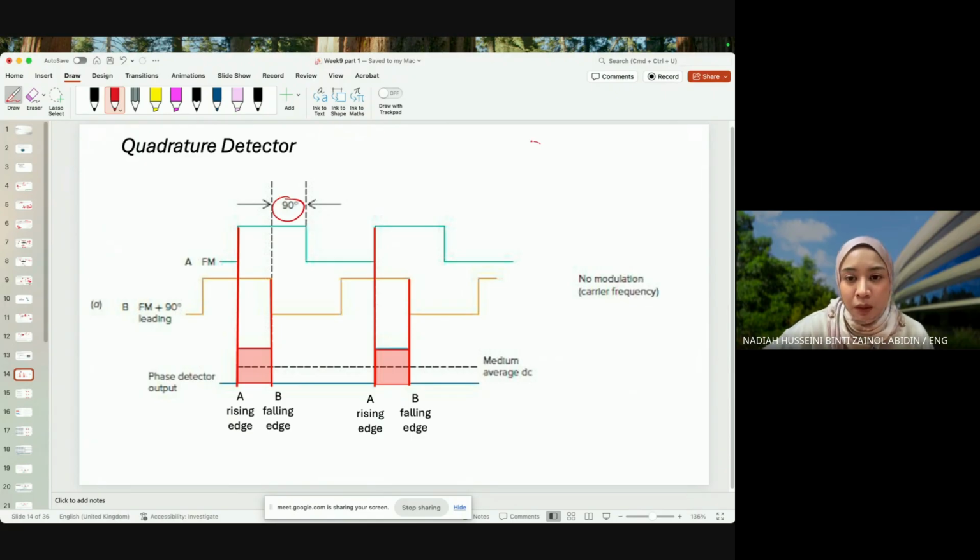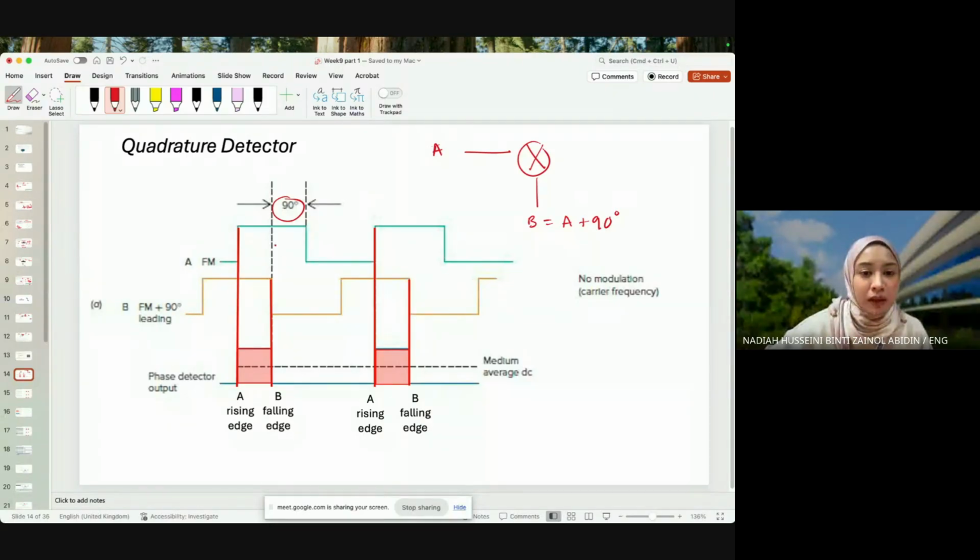Remember, we have our phase detector, and then we have our A and we have our B. B is basically A plus 90 degrees. Comparing these two, this is A and this is B. B is starting earlier because it's leading.